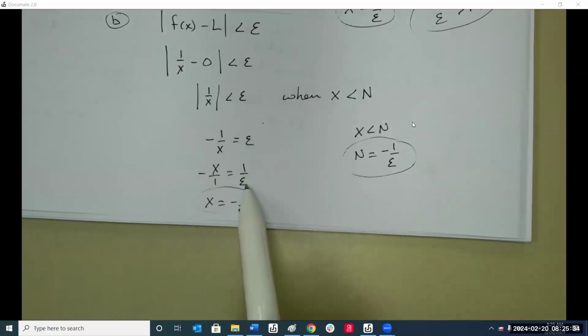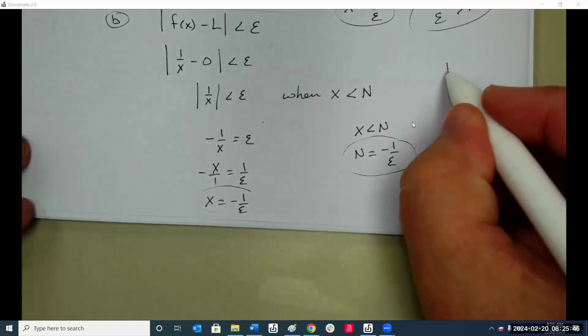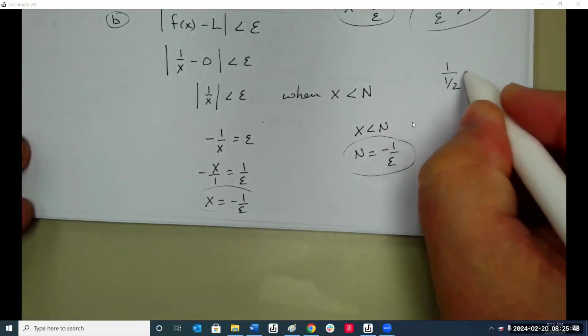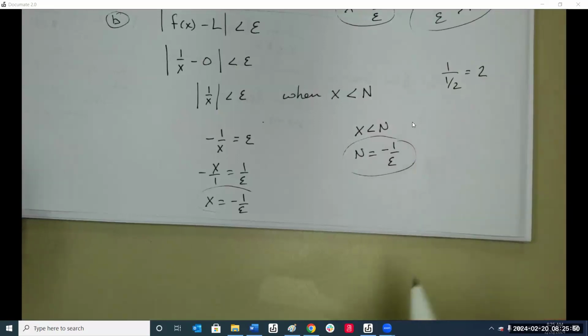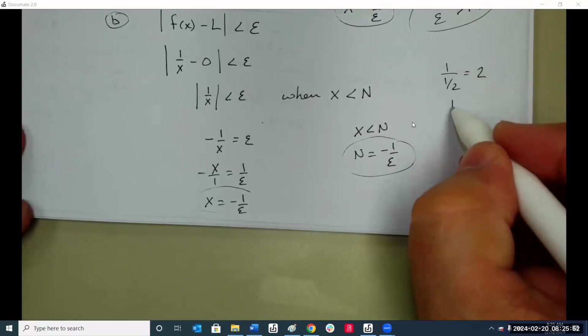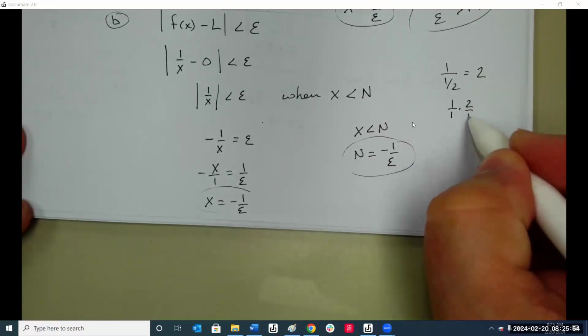But now look what happens to it. When we go to the negative side, 1 over a small number becomes what? What's 1 over 1/2? Take the top number, leave it alone, flip the bottom.